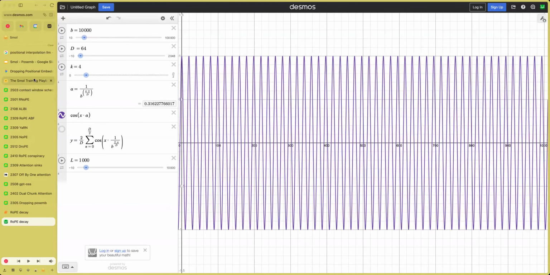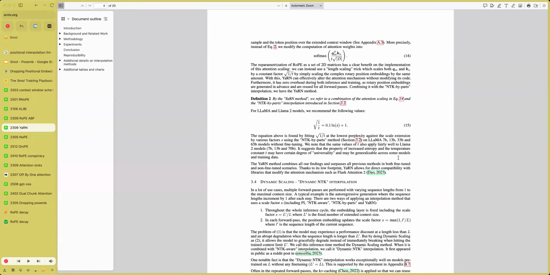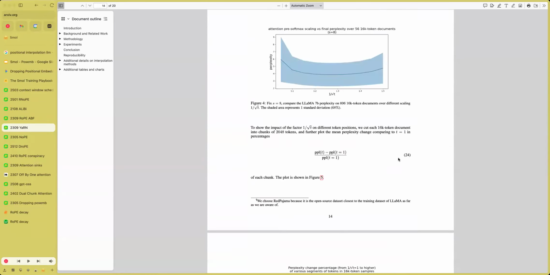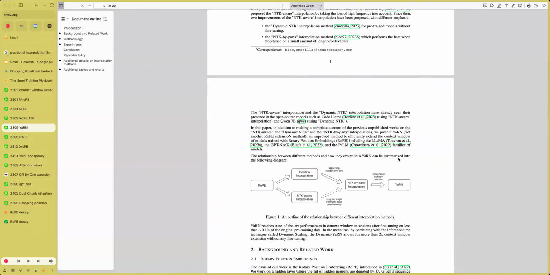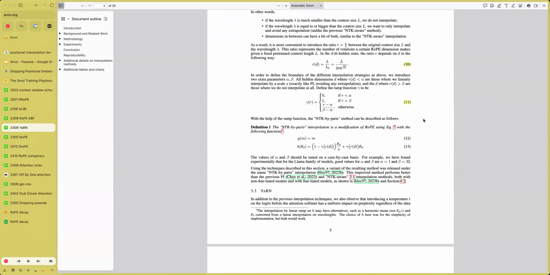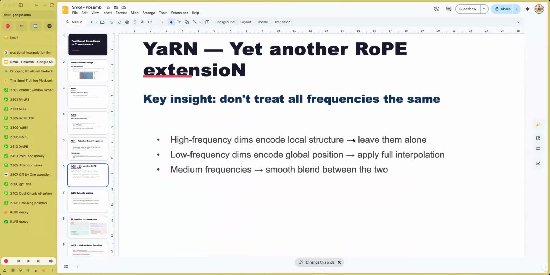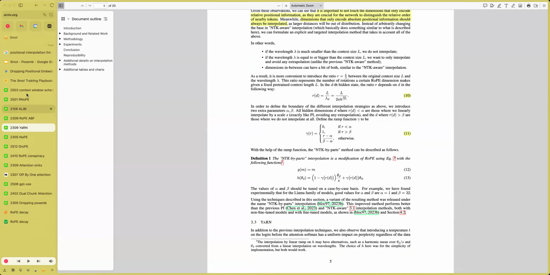So the main thing that they do in YaRN is exactly this. They only change base frequency for dimensions that suffer from the problems that we need to bring into distribution.